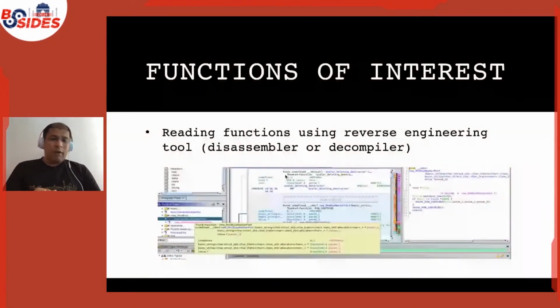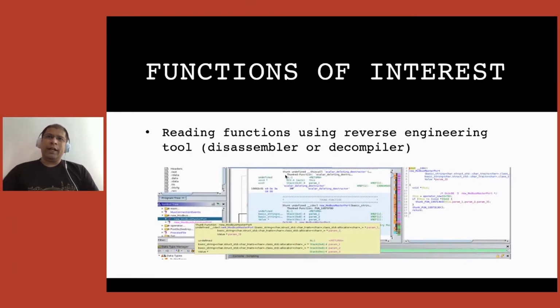Okay, awesome. Let's go back to the presentation part. Those were two small demos. Another important thing is functions of interest. Many a times when we try to analyze a binary, it's a huge amount of effort, but whether to decide to analyze the binary or not can be done in the quickest way possible.